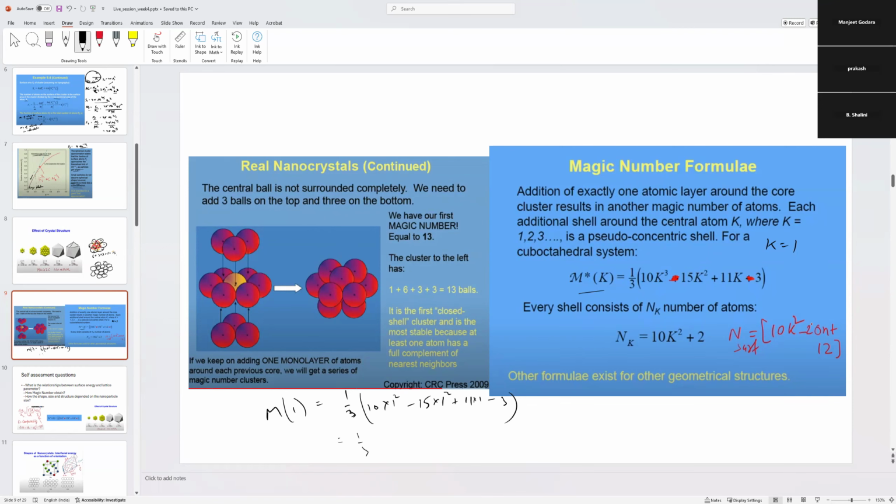What is it? 1 by 3, 10 plus 11, 3 minus 18.